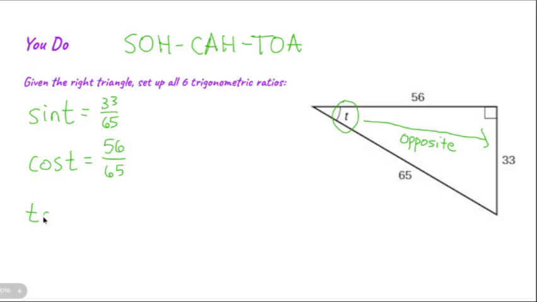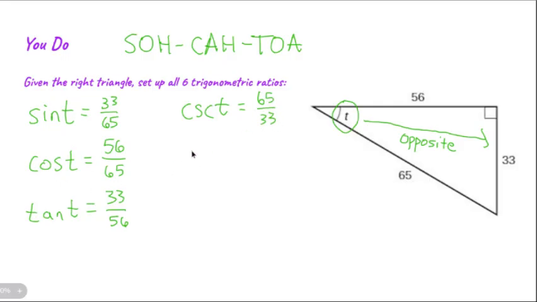And then tangent of T would be opposite over adjacent. That'd be 33 over 56. And then we can set up cosecant of T. That's the one that's reciprocal to sine. So that's 65 over 33.